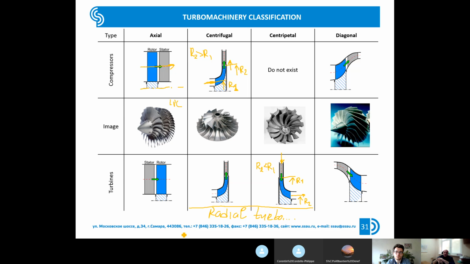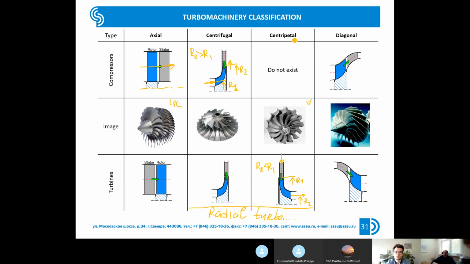What I want to say is that this classification is common for the turbine and for the compressor. The images provided on this slide are for compressor, but this one is a turbine. This is a centripetal turbine. Only one exception: centripetal compressors do not exist.